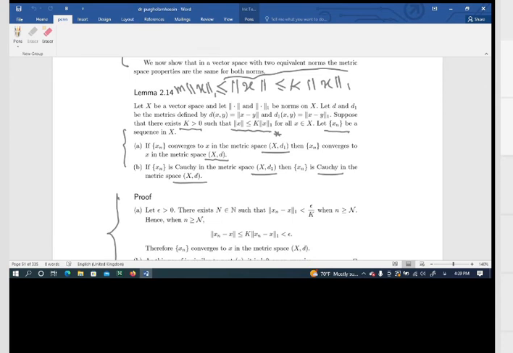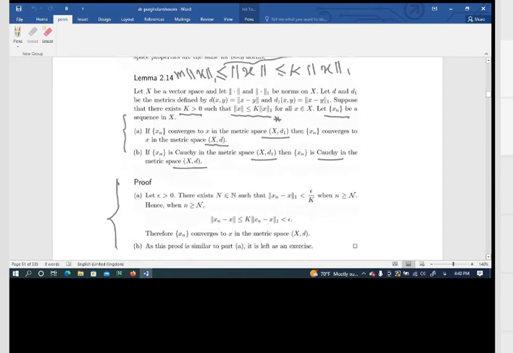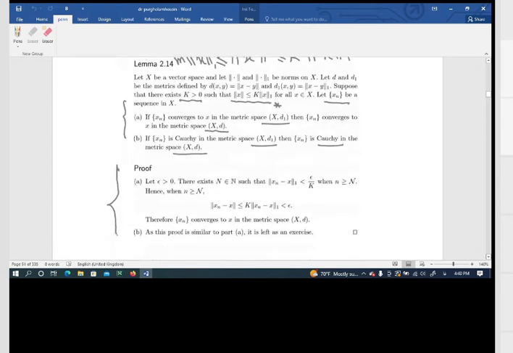B, if xn is Cauchy in metric space d1, then this sequence is Cauchy also in metric space d. Here we don't suppose that d1 and d are equivalent, because we have just one inequality. For norms to be equivalent, we should have three inequalities as before.